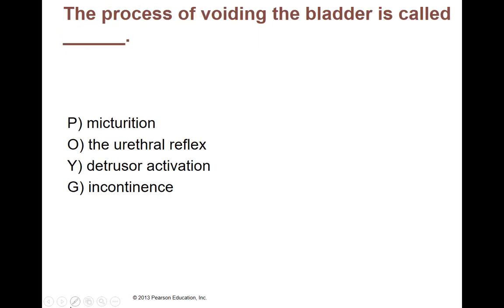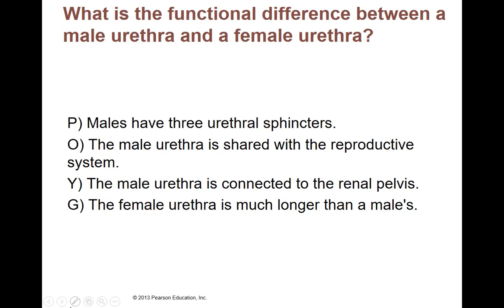The process of voiding the bladder, aka emptying the bladder, is called what? I was going to say, a lot of you grabbed it right away. Yes, it's the pink. It's the micturition. What's the functional difference between a male urethra and a female urethra?